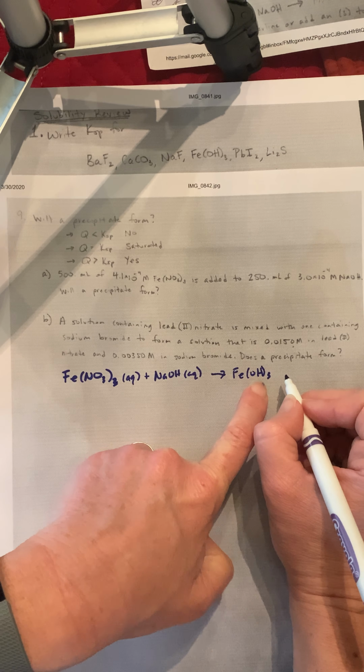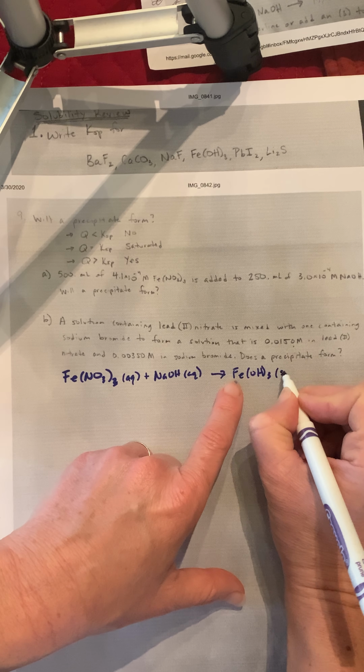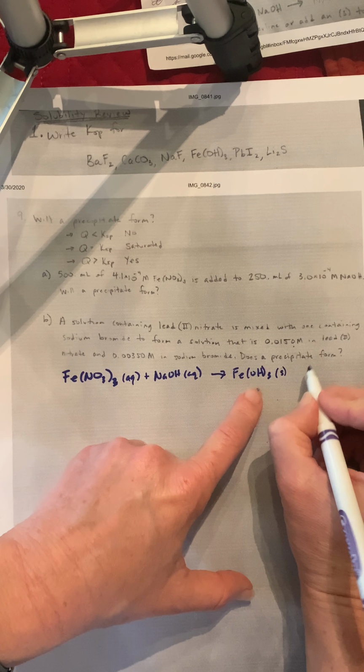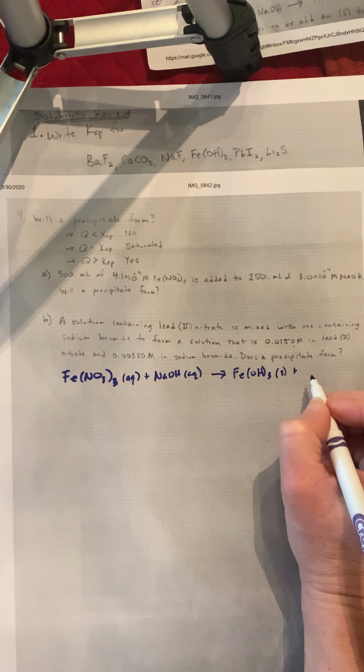If it's not on our strong base list, it's usually not soluble, so that's going to be a solid, but only some of it will form. And the other product is our sodium nitrate, NaNO3. I will need 3 of these and 3 of these to balance the equation.